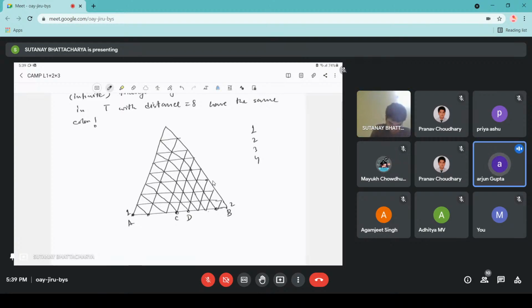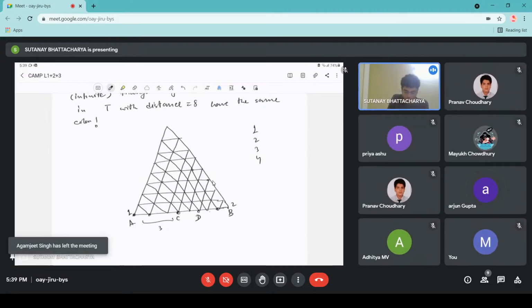C is not 1, that is correct, because C is at distance 3 from A. Both C and D are not 1 and not 2, so they are 3 or 4. C can't be 2 because C is at distance 5 from B. So without loss of generality, say this is 3, and this is 4.